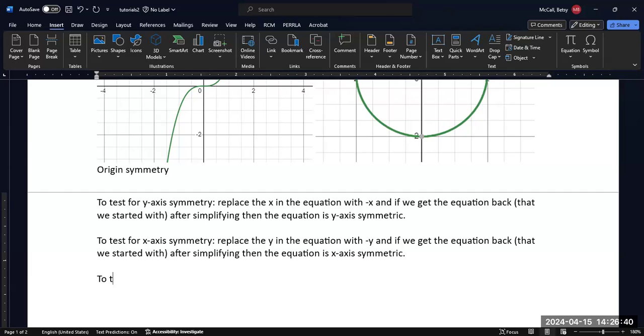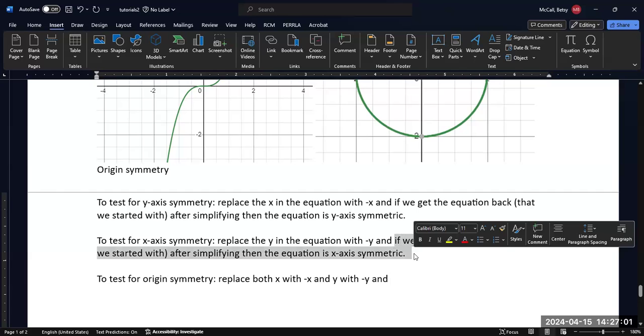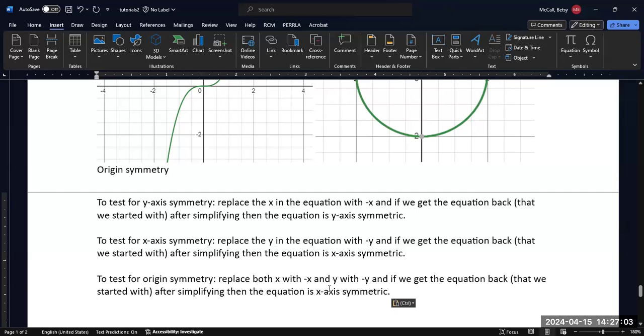And to test for origin symmetry, replace both x with minus x and y with minus y. And again, if we get the same equation back after simplifying, then we end up with origin symmetry.